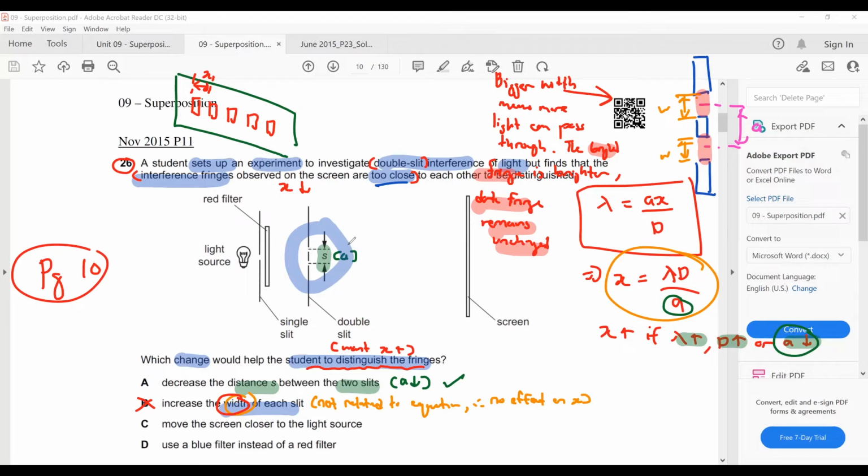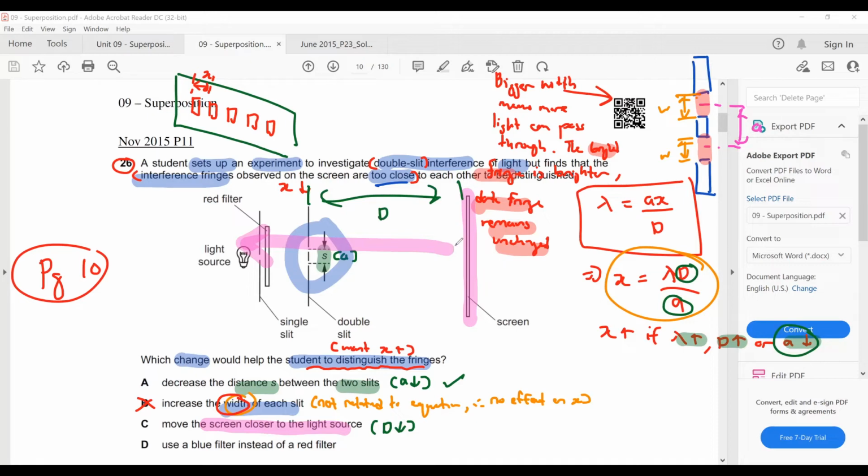Okay, then after that, if you look at answer choice C, move the screen closer to the light source. This one is indirectly telling you that you want to decrease D. Capital D is the distance between the screen and the slit.